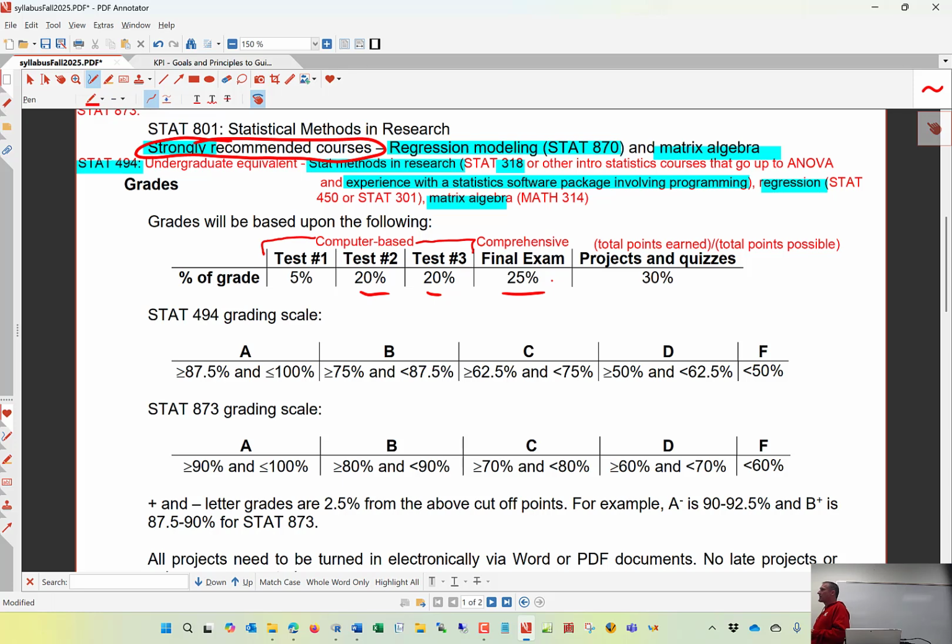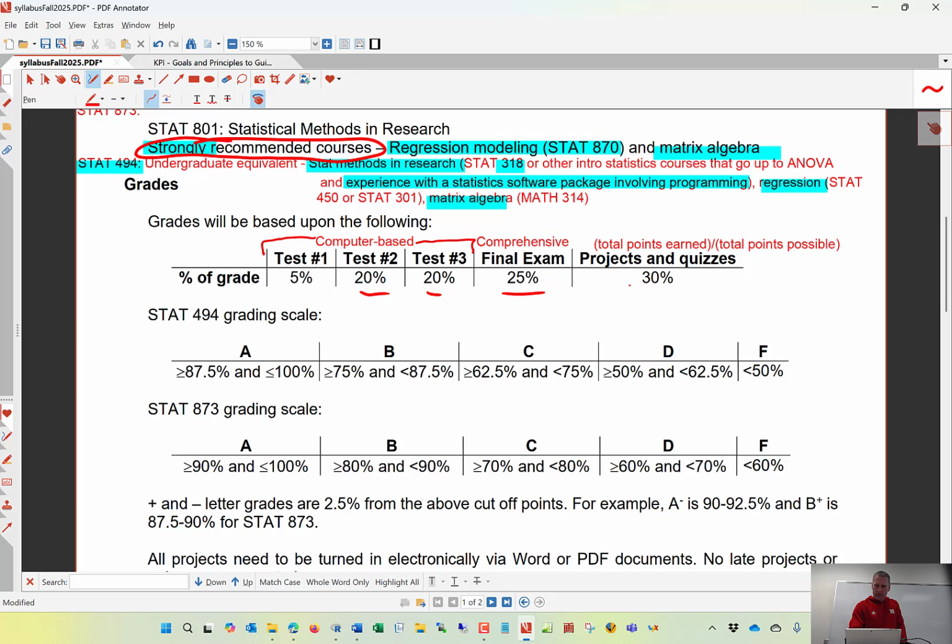But you will have access to some of my R programs, you'll see I have lots of R programs available to you. You'll have access to R help. You'll have access to a few other things. That's what I envision the tests will look like as we go along through the semester. I'll make a final determination.